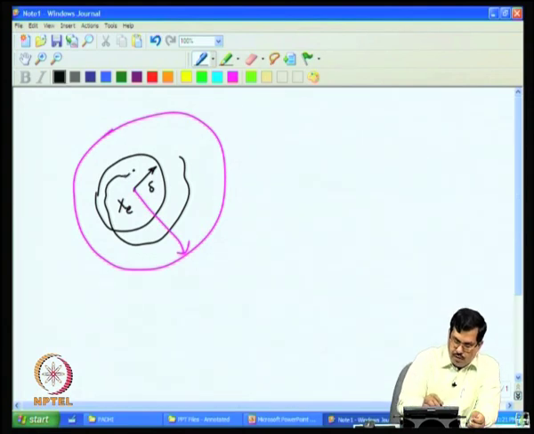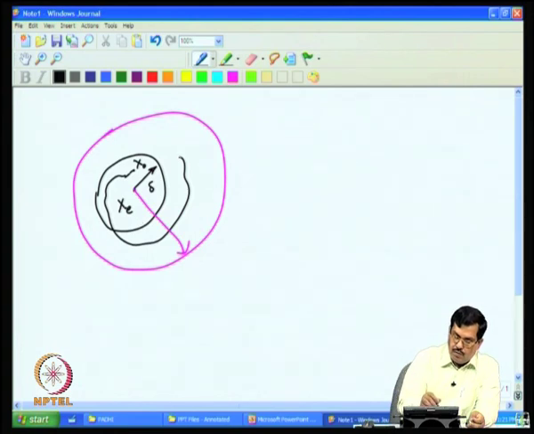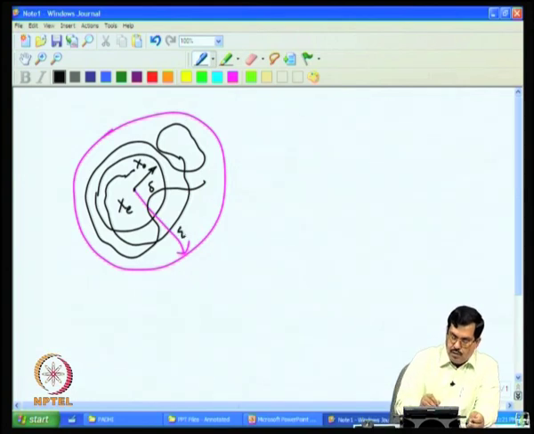If I start with a ball of radius delta, I will keep on moving around, I can go wherever I want, but I will never leave this space actually. And this epsilon has to be finite, of course.